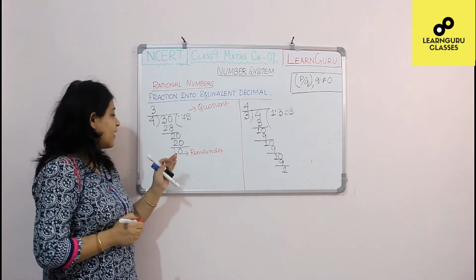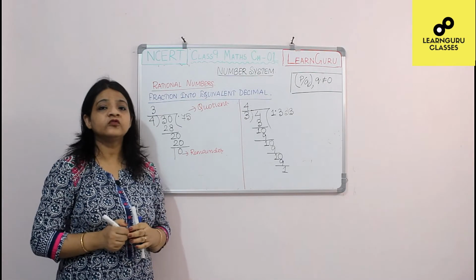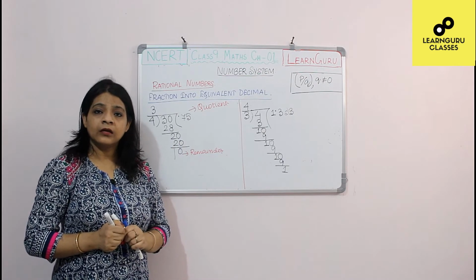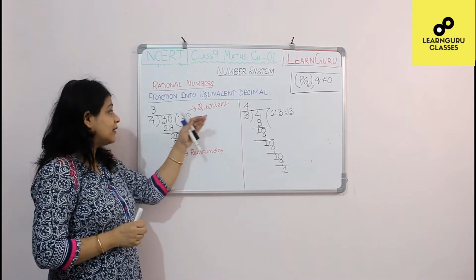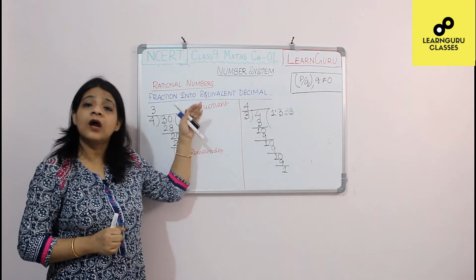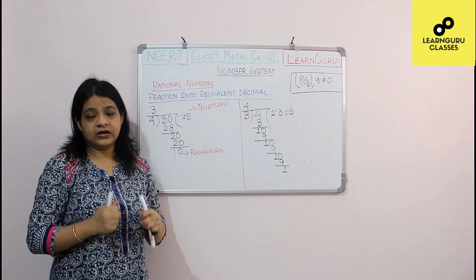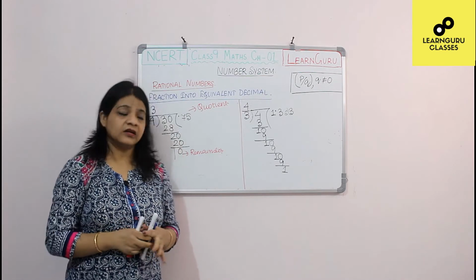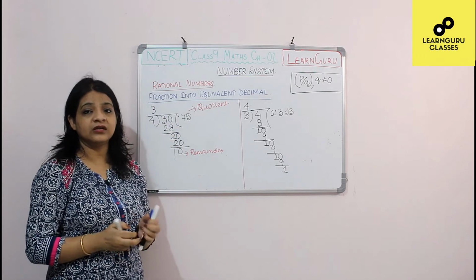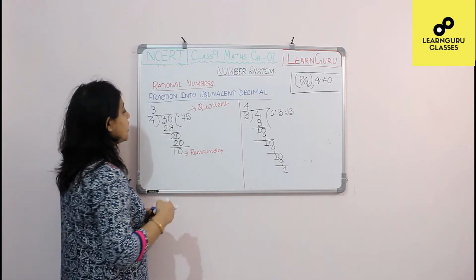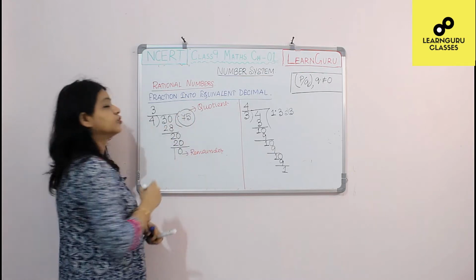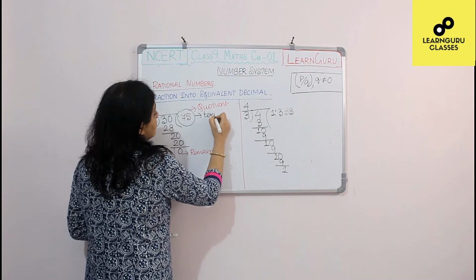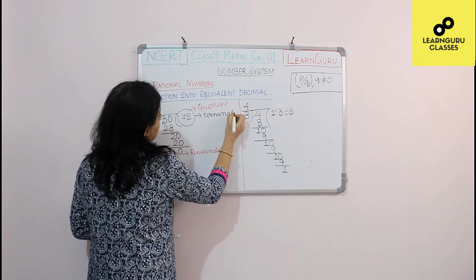So as soon as the remainder comes to be 0, you are ending the process of division here. Means you are terminating it. And another meaning of end is terminate. So you are terminating the division here, and the required quotient that you found is called the terminating decimal expansion.